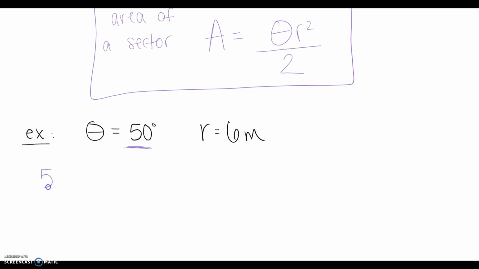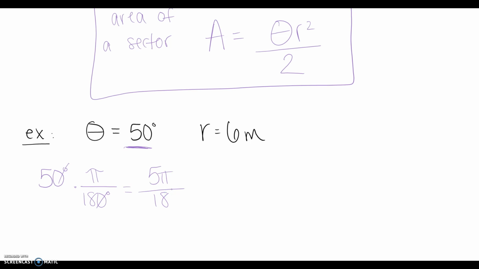If we remember from yesterday, 50 degrees times, since degrees is in the numerator, we put 180 degrees in the denominator and pi in the numerator. And so degrees will cancel, and 50 over 180 reduces to 5/18. So this is it in radians.